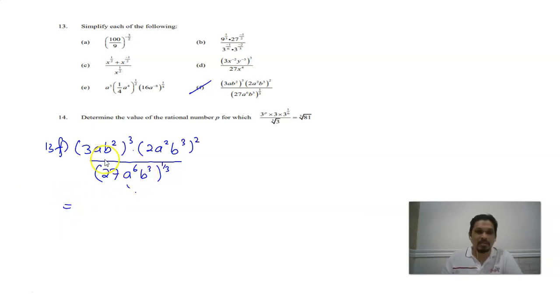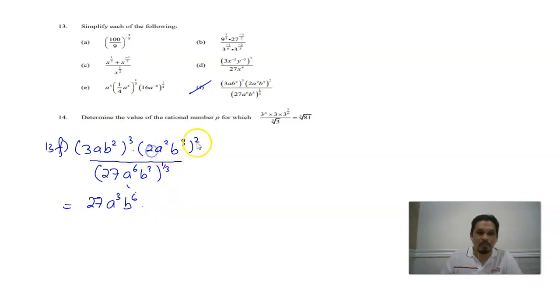Okay, so this one here, we have 3AB squared with the power of 3 here. So 3 cubed equals 27, A to the power of 1 times 3, A cubed, and B squared, 2 times 3 equals 6.